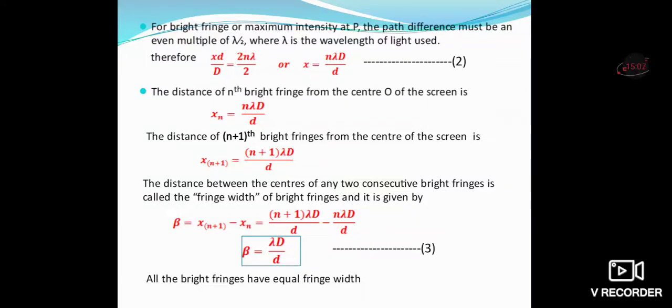And all the bright fringes have equal fringe width. Just observe in the diagram, B1, B2 we have taken, B1 means first bright fringe, second bright fringe. Whatever bright fringes there are, they have equal fringe width beta is equal to lambda D by d. So this is the case for the bright fringe.